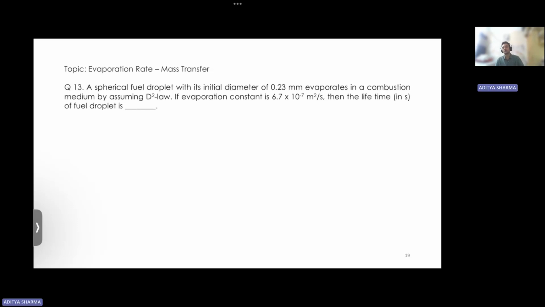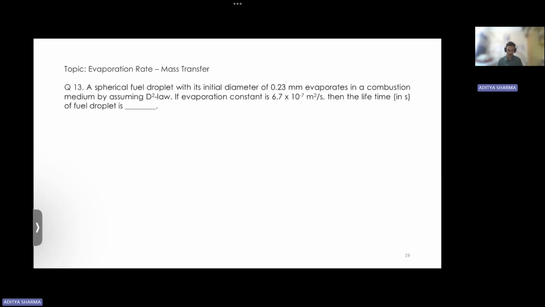Now we will be seeing the numerical questions. This is the first numerical question, question number 13. It says that a spherical fuel droplet with its initial diameter of 0.23 mm evaporates in a combustion medium by assuming d square law.